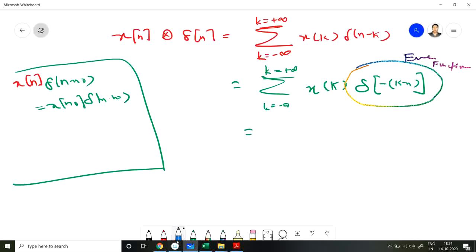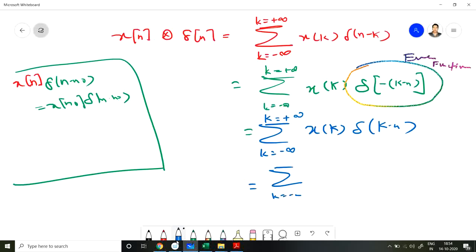So we can write it as summation k equals minus infinity to plus infinity x[k] delta[k minus n]. The delay is n, so we can write it as summation k equals minus infinity to plus infinity x[n] delta[k minus n].